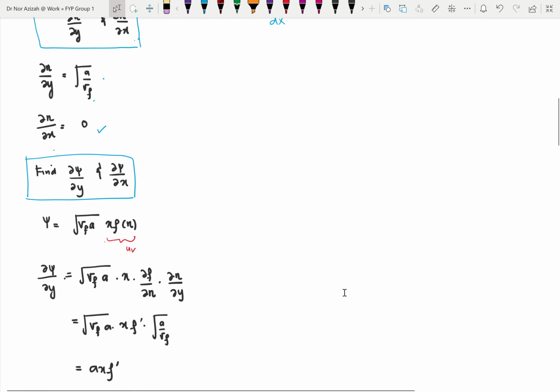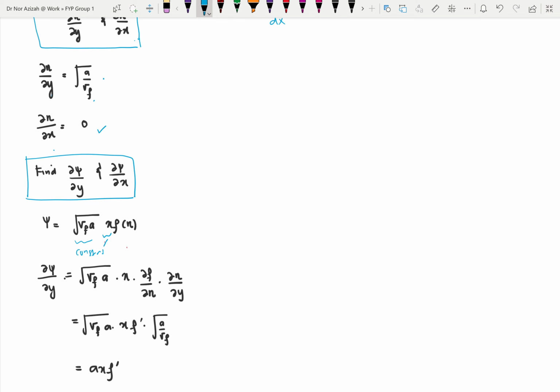Psi here, square root of nu nf a, this one is a constant. Del psi del y. And then this one, since you need to differentiate psi with respect to y, x is also a constant.